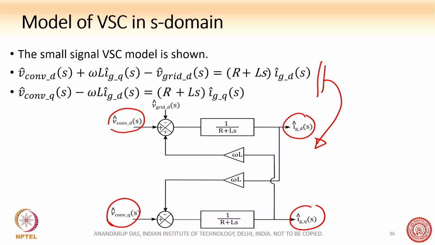So these are the input and output, and what is present here is this cross coupling term, right? This cross coupling term is there, and there is an addition of the v grid d here. So this is basically the plant model. The plant model has these r plus Ls terms which come from the filter, and there is a cross coupling term here, and there is a v grid d coming from here.